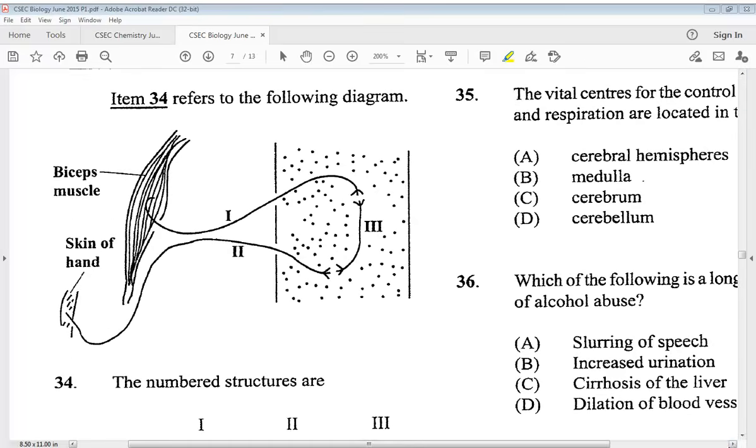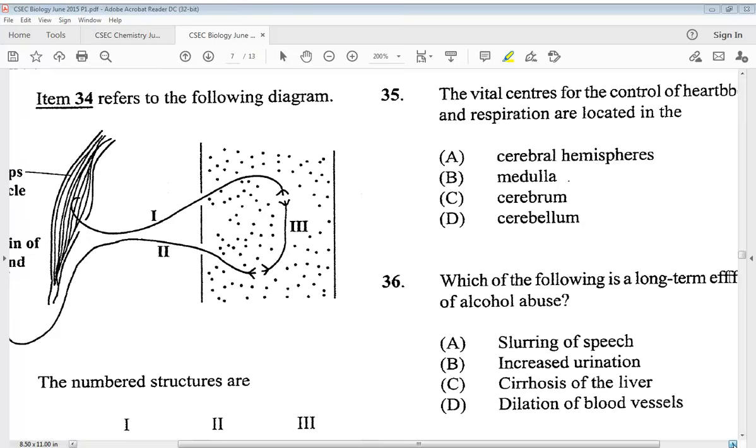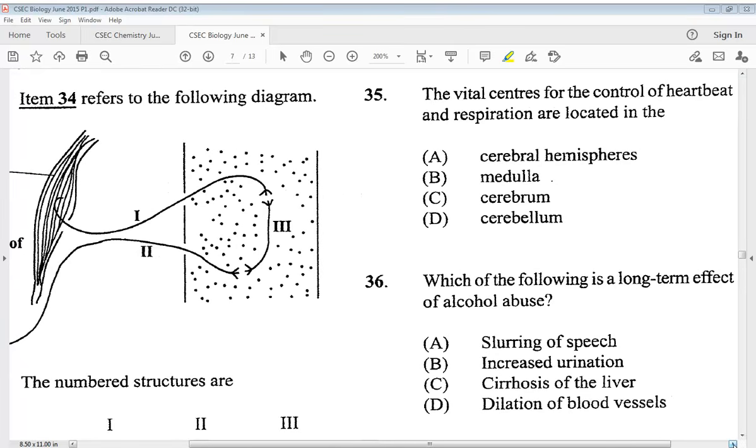It says the vital centers for the control of heartbeat and respiration are located in the... The answer for 35 is B. 36. Which of the following is a long-term effect of alcohol abuse?